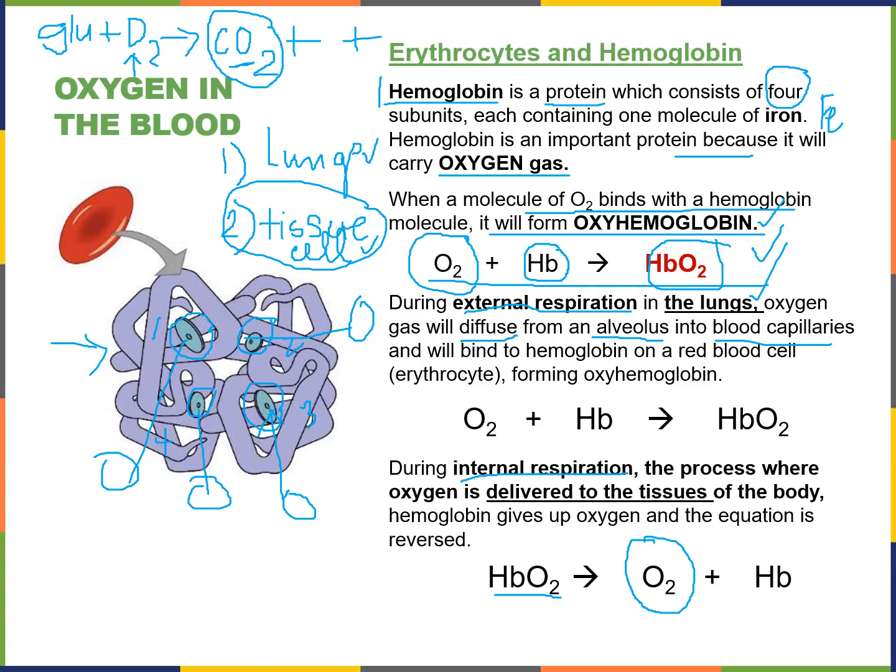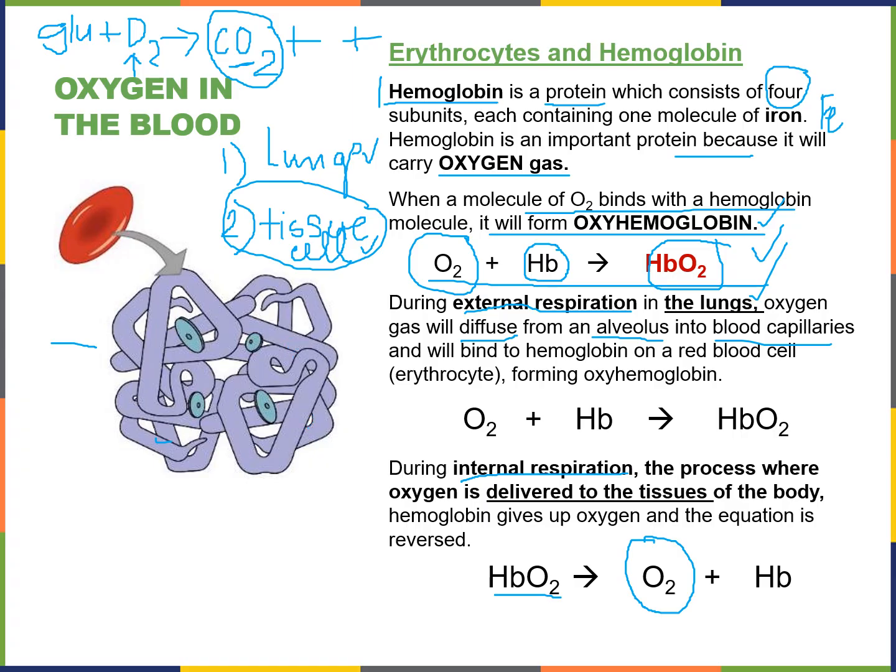Now, we like to think of hemoglobin as binding oxygen, a gas. The truth is, hemoglobin actually can bind 3 different gases. Hemoglobin can bind carbon dioxide, and I will get to that a little bit later. But the important thing to note is when hemoglobin binds carbon dioxide, the carbon dioxide does not bind to the iron.